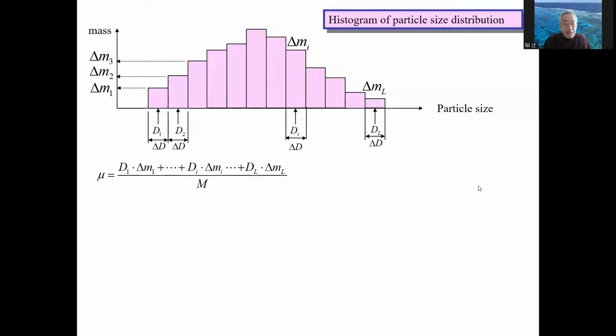The mass-based mean size mu is given by the first equation. Di times delta mi for each group are summed over all groups. The mean size mu is obtained by dividing that summation by the total mass m.